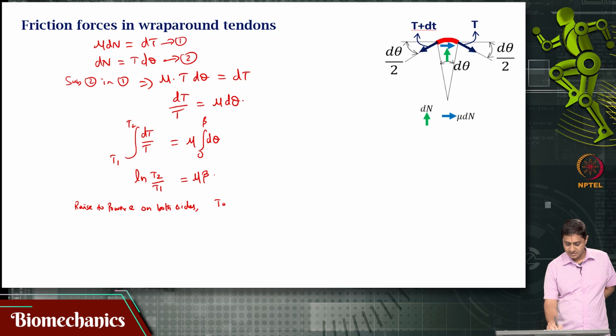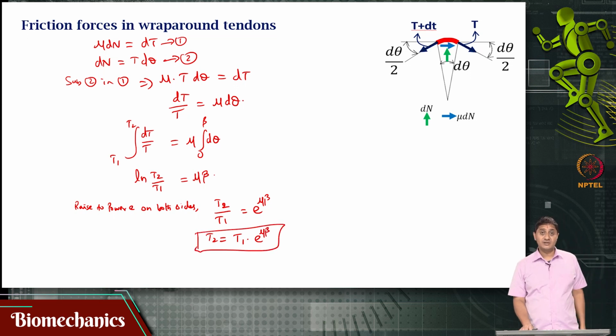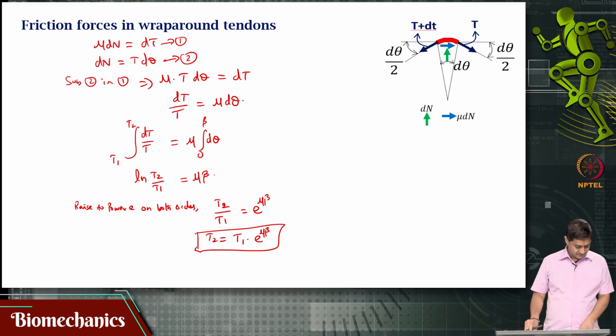This will actually give me T2 by T1 is e power mu beta, or rather T2 is T1 times e power mu beta. This is a relationship between T2 and T1 that I am interested in understanding.